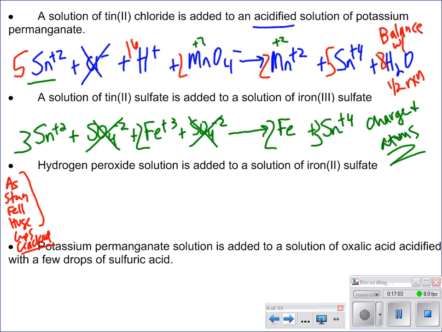If it's in this saying, the higher charge is common. That means these don't like the lower charge. They would rather be in solid form than in the lower charge form, okay? So in this case, iron 3 doesn't want to go to 2 because it's not the most common ion. So instead it's going to go to 0.